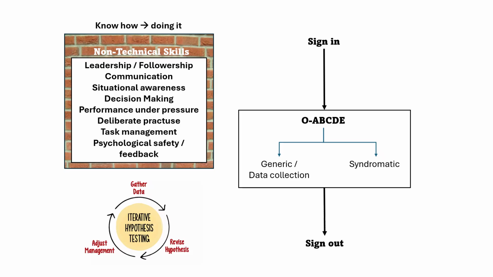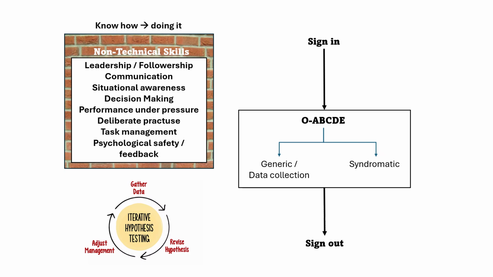This is a central model as well that we'll be going through. When we are treating the patient and going from generic to syndromatic treatment, we want to see the patient improve, and we want to continuously update our hypothesis as we get more data and treat what we think is the right condition.